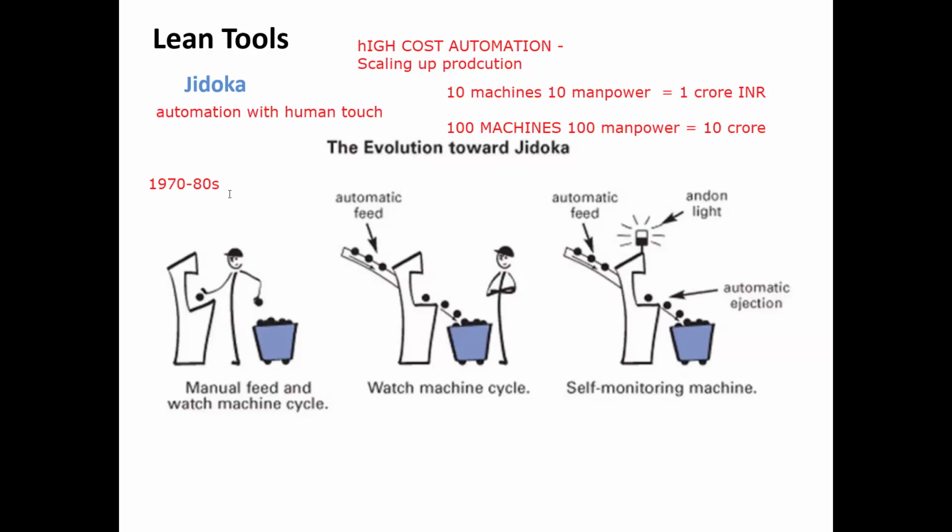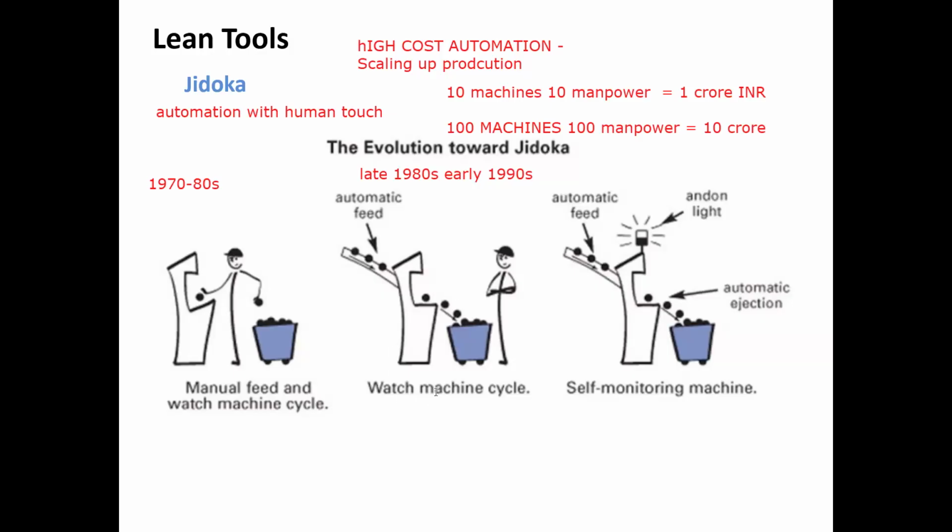During the late 1980s and the early 1990s, a lot of electromechanical automation systems came into place. Because of this, the loading and unloading became automatic. Right? So now out of these four activities, two have been automated, and the operator has to only check whether the machine is running within the set condition, and randomly pick pieces and check whether the quality is okay.